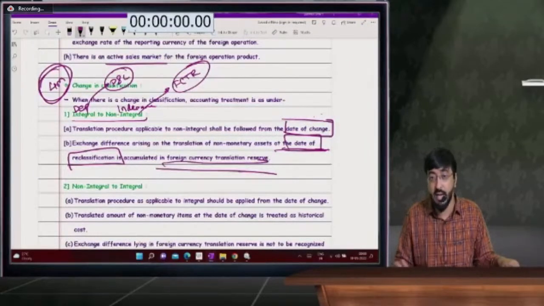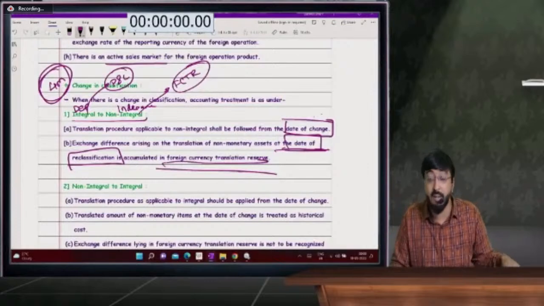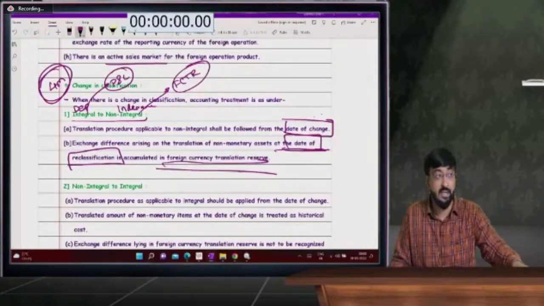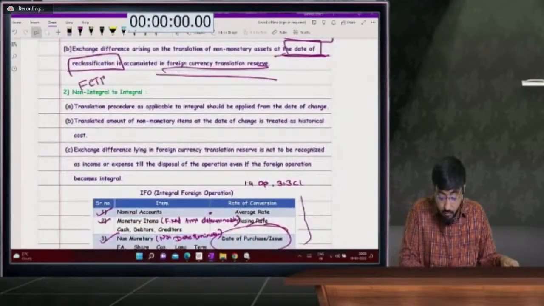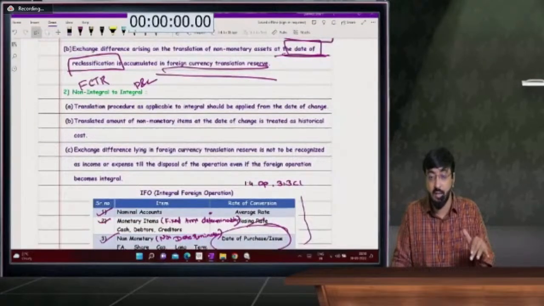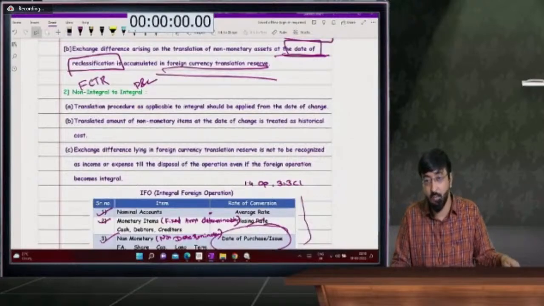Okay, the date when you shifted from integral to non-integral, the date of reclassification, is called as FCTR. And now FCTR to P and L. So already a balance is there in FCTR. Non-integral, already a balance is there in the FCTR, and now you want to shift it to integral operation. So beta, now what will apply in integral?